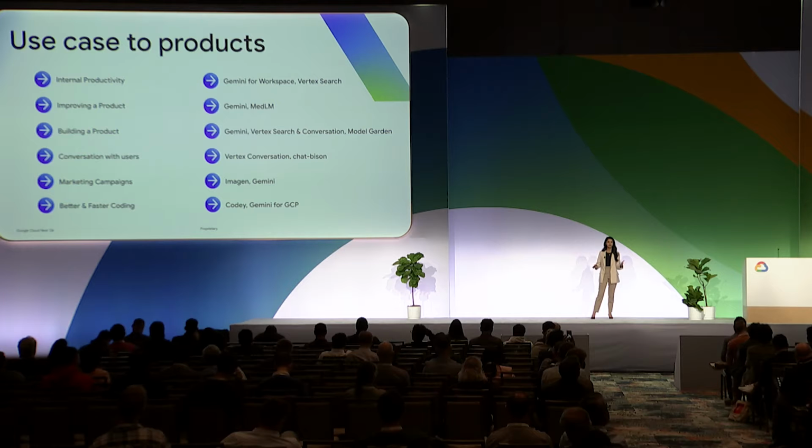So for building a product, you can use Gemini, you can use Vertex Search and Conversation, or you can use an open source model or one of our partner third-party models from the Model Garden, right? So there's lots of different options, and that's why we recommend don't start with the product. Start with the problem, categorize your use case, and then let's look at all the different implementation options there are.